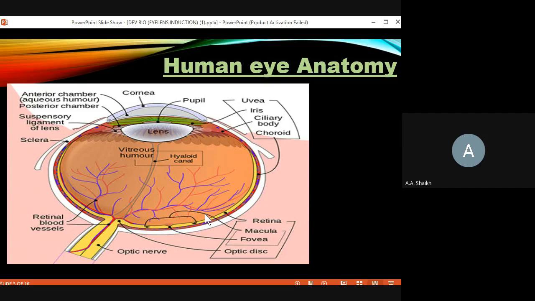To complete the vision procedure, different components are required, with the proper positioning of all these components. So here everything is going to help each other, a coordinate interaction is going to happen in all these things, and these coordinate interactions will ultimately lead to a procedure which is called induction.